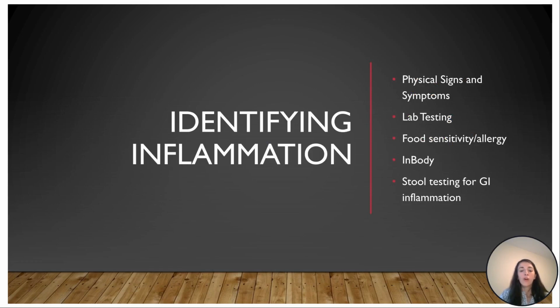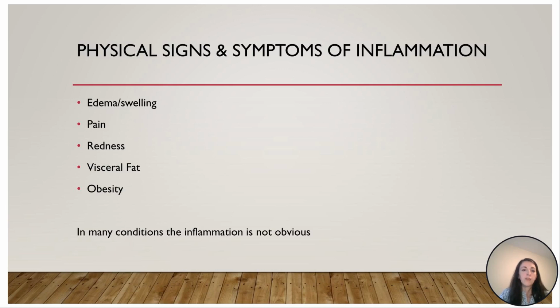Okay, so how do we know if somebody has inflammation? How do we gauge that? We'll talk about a few things here. First and foremost, there are some physical signs and symptoms of inflammation, and those can include the things I listed before at the beginning, like swelling, pain, redness, but you can also see signs of inflammation with visceral fat, which we can test for, and obesity is often associated with inflammation.